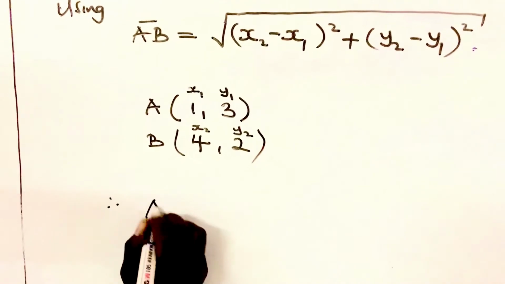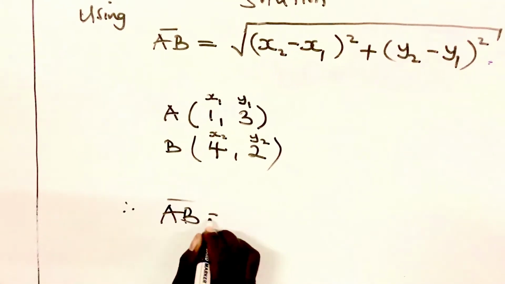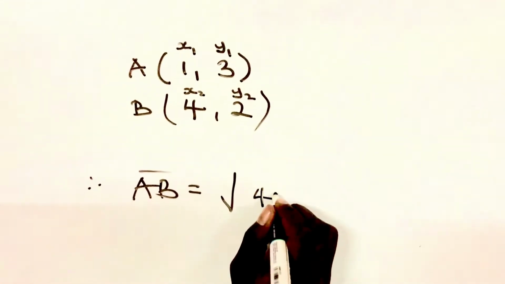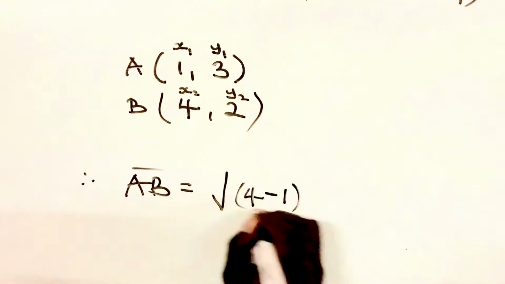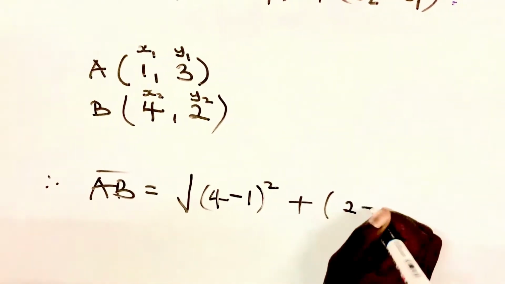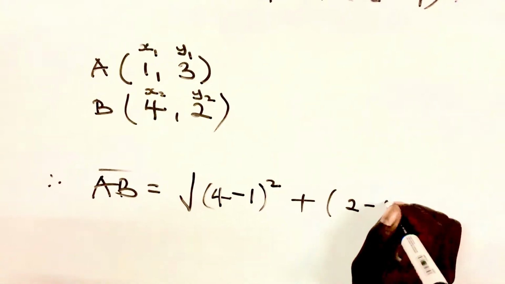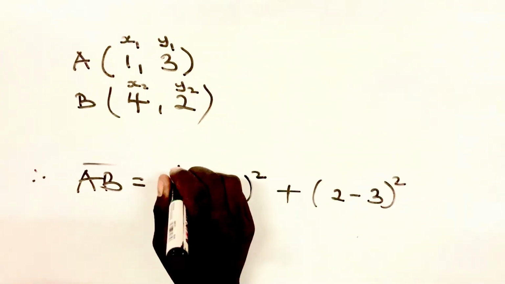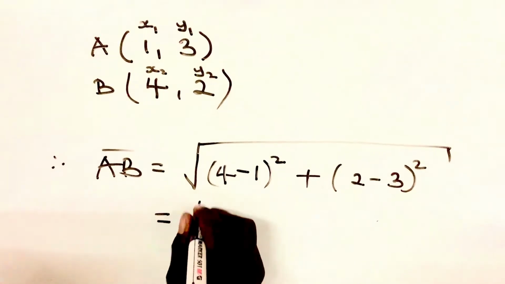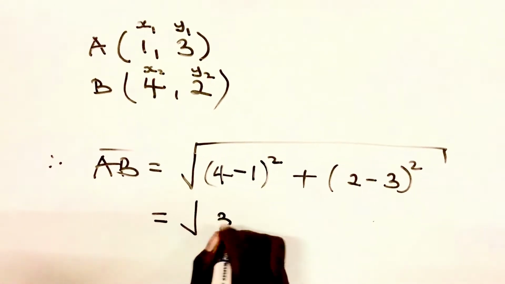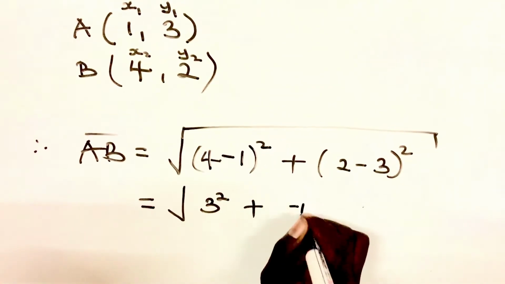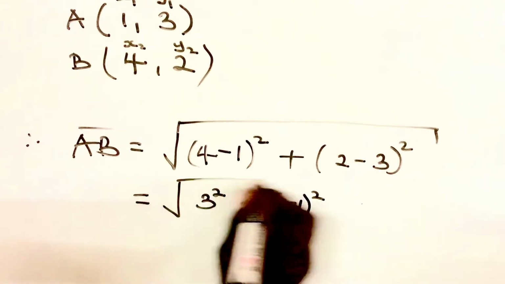Therefore, our line AB will be equal to the square root of x2, which is 4, minus x1, which is 1, everything squared, plus y2, which is 2, minus y1, which is 3, everything squared. This becomes the square root of 4 minus 1, which is 3 squared, plus 2 minus 3, which is negative 1 squared.